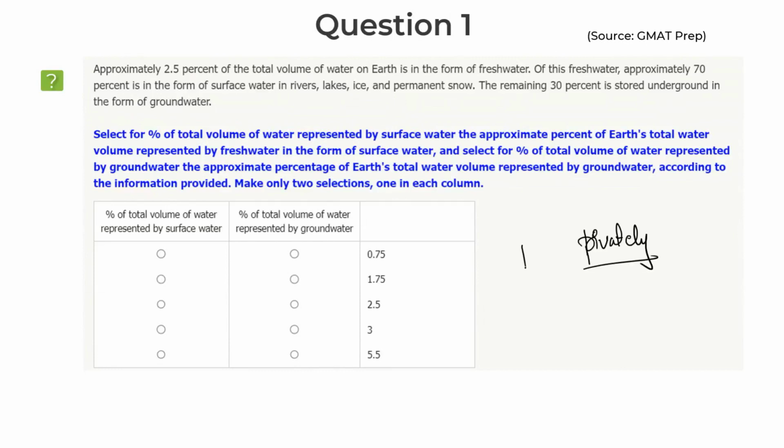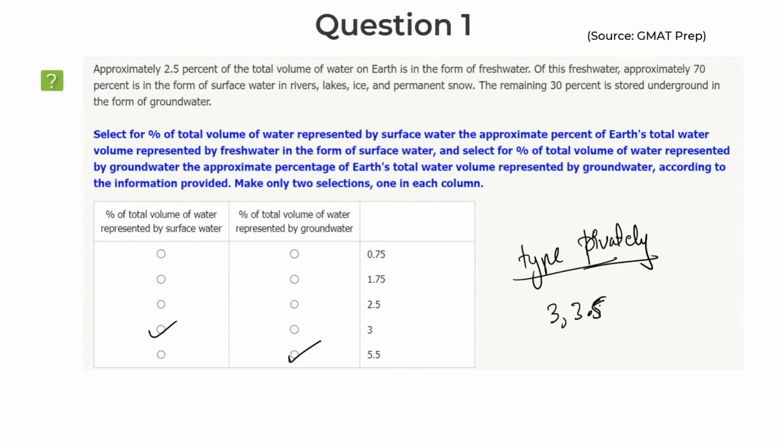Type your answer comma separated. Make sure your answer is comma separated. For example, I don't know the exact answer, but let's say the answer is this and this. All you need to do is mark 3 comma 3.5.